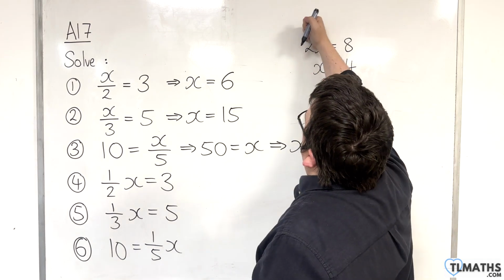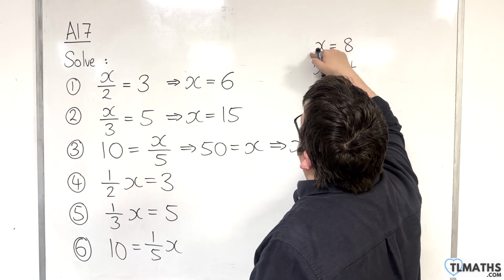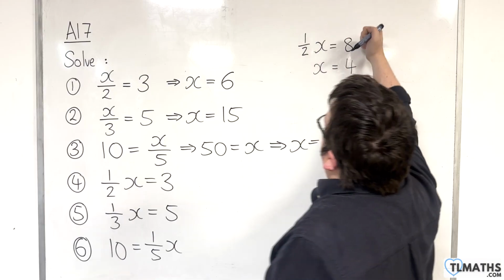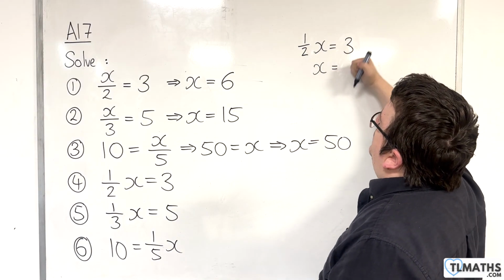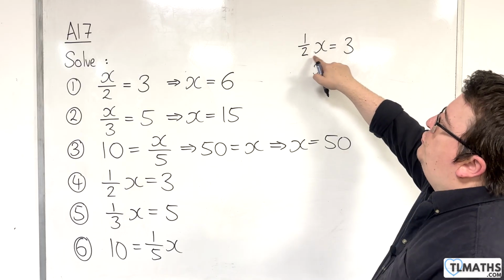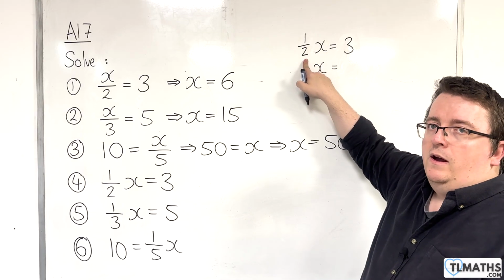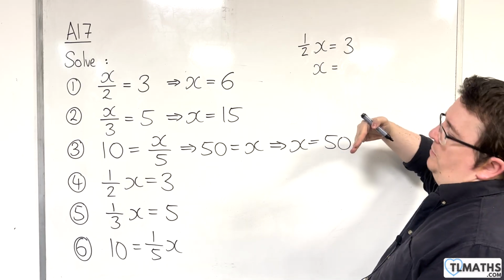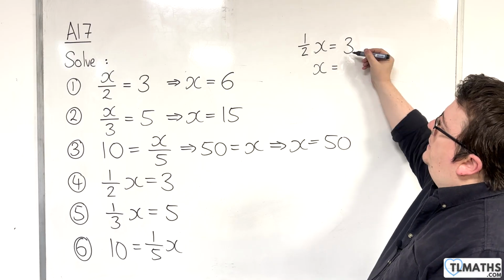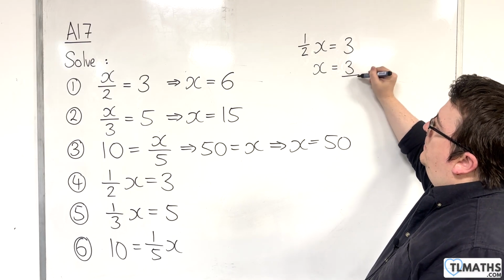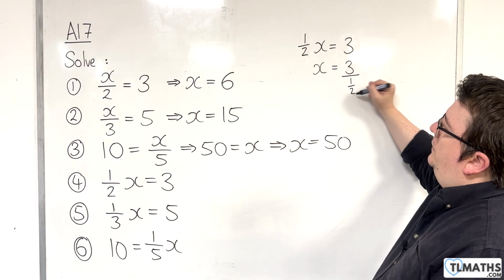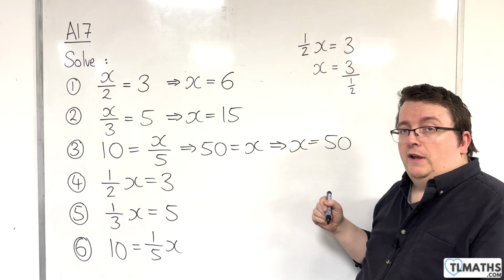So if I was to have 1/2 x here is equal to 3, then in order to get rid of the multiplying by 1/2, I would divide both sides by 1/2. So if I divide 3 by 1/2, okay, you get this horrible looking thing.